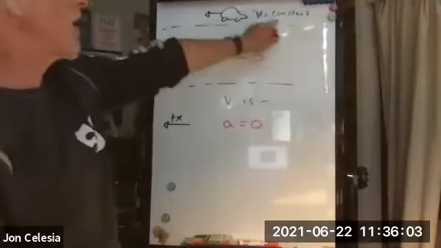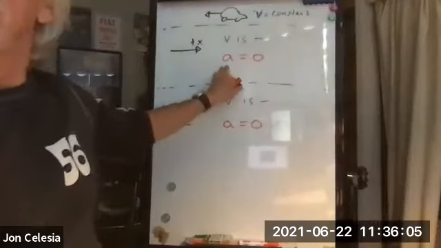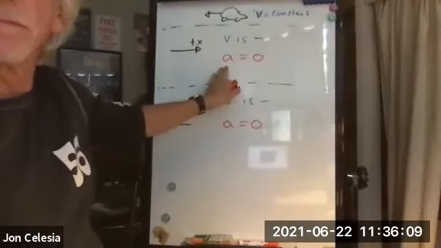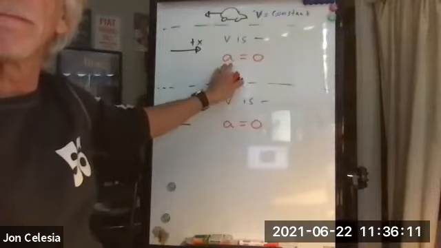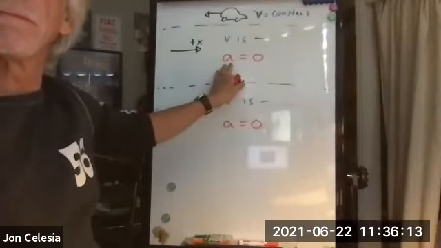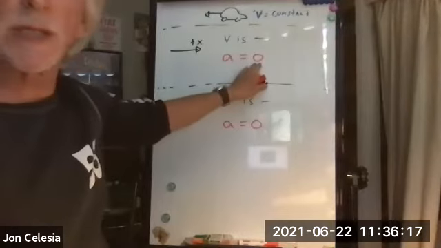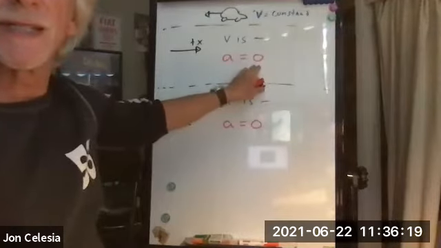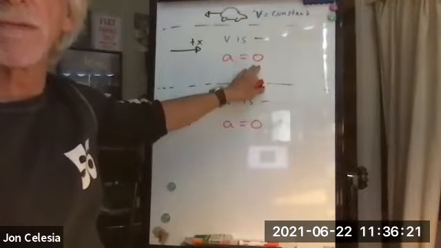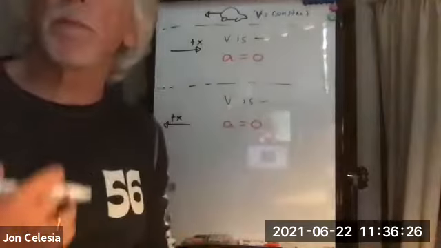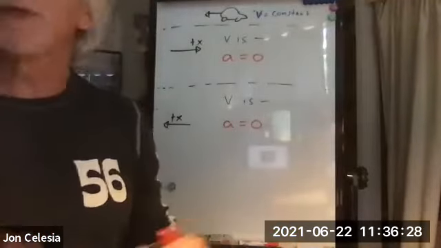If the velocity is constant, what's A? If the velocity is constant, acceleration is still 0. Let me know, because we can pick this up or slow it down.